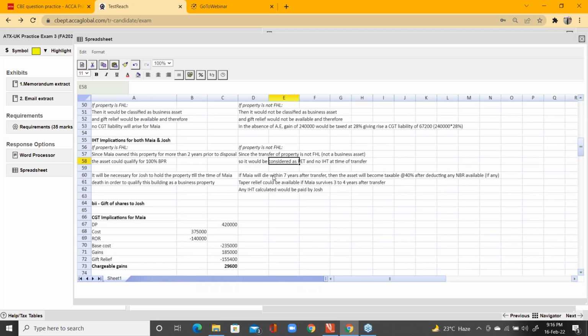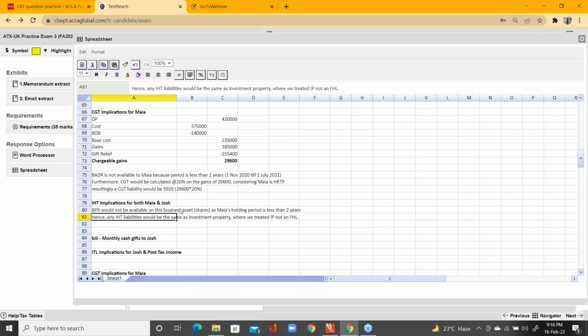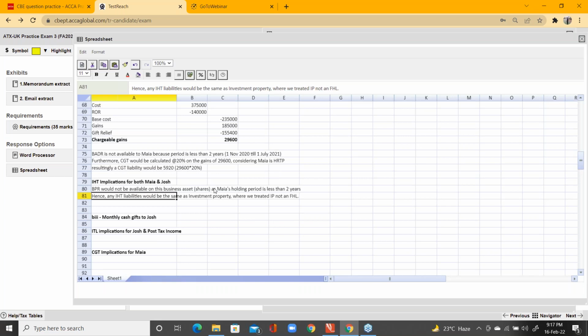And if Maya dies within 7 years after the transfer, these shares will become taxable at the time of death, but temporarily would be available, and any IHT liability would be paid by Josh. Rest of the things are the same, where we are considering this property is not FHL. So if these shares are not qualifying as business assets, any IHT liabilities would be the same as investment property, where we treated the investment property as not an FHL property. Hopefully this part of the question is cleared.